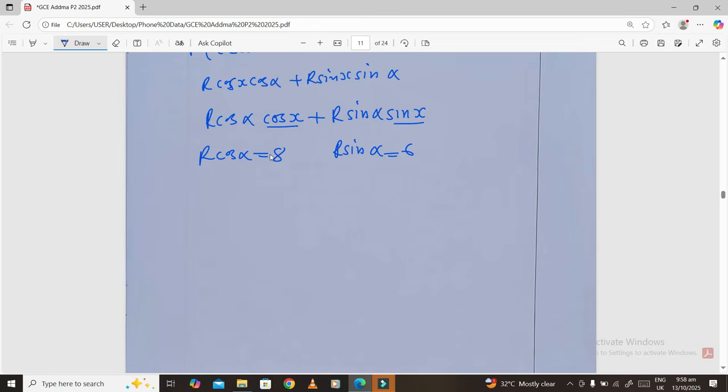So now we can make r the subject here. So r will be equal to 8 over cos alpha. Even here r will be equal to 6 over sine alpha. So now these two are equal, we can equate them. 8 over cos alpha is equal to 6 over sine alpha.